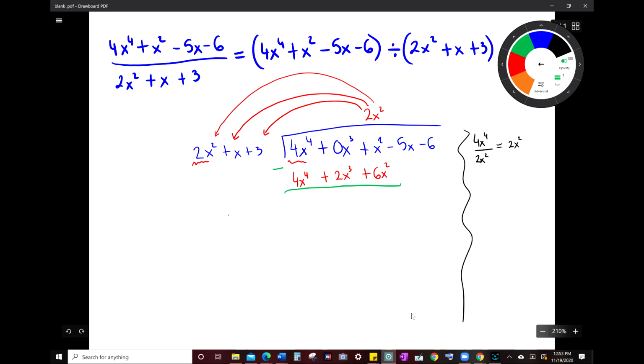So if you take 4x to the 4 and subtract 4x to the 4, it gives you 0x to the 4th, or you can just cross them off. And then 0x cubed minus 2x cubed gives you negative 2x cubed. And then x squared, which means 1x squared, minus 6x squared gives me negative 5x squared.